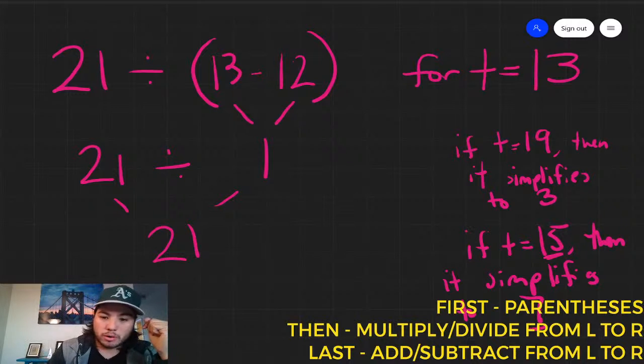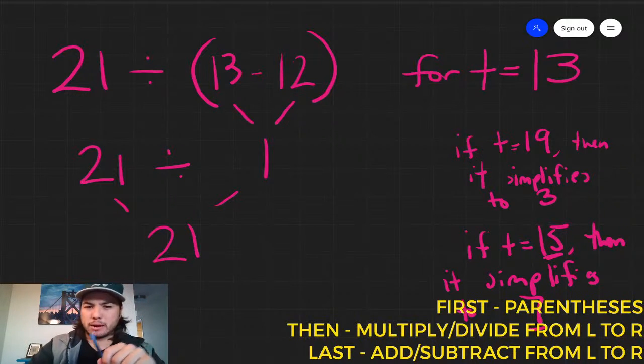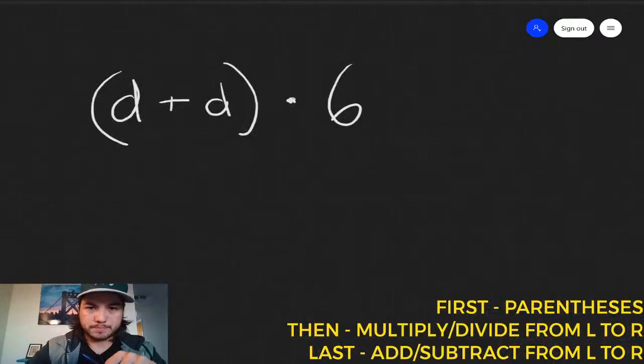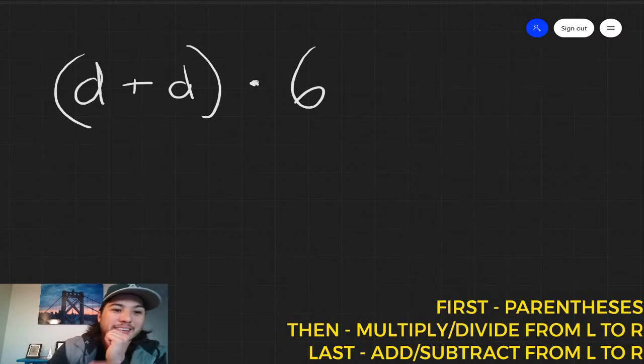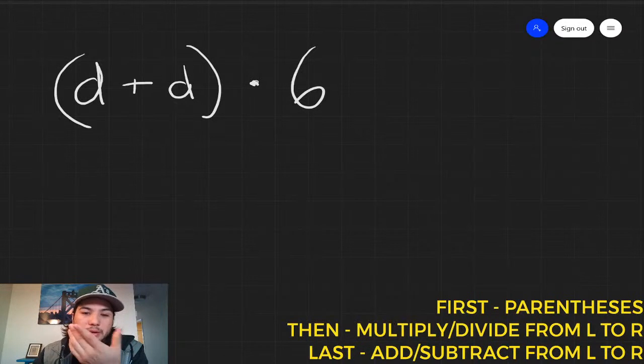Let's try one more before we go. We don't have to worry about the patterns on this one. Just solve it once. Here we go. D plus D times 6. We've got 2 variables, but thankfully it's the same variable. All right, D plus D times 6.